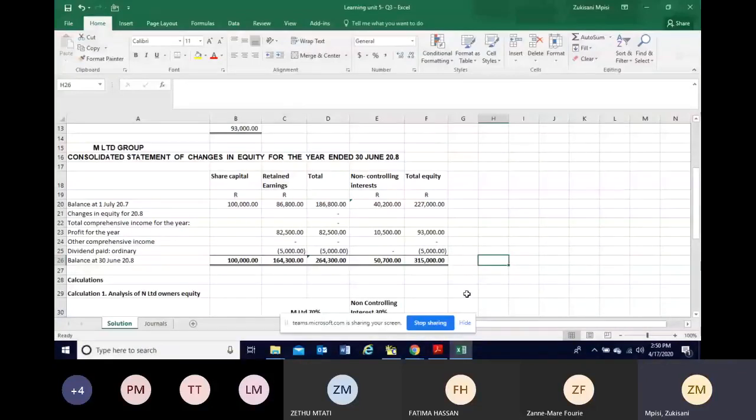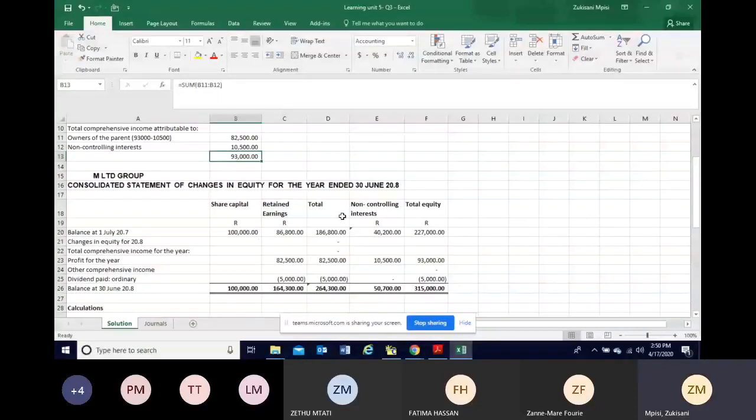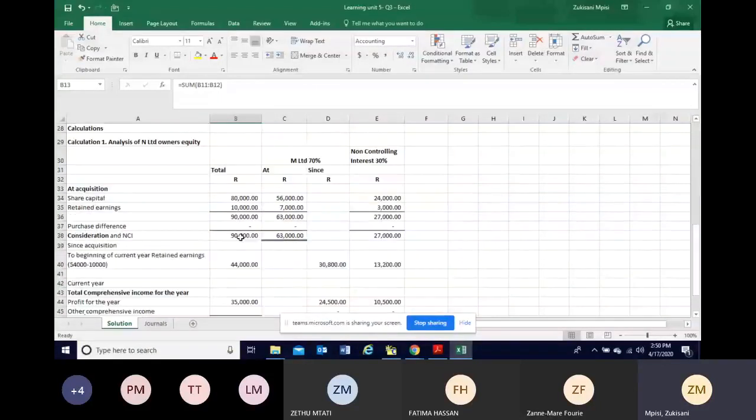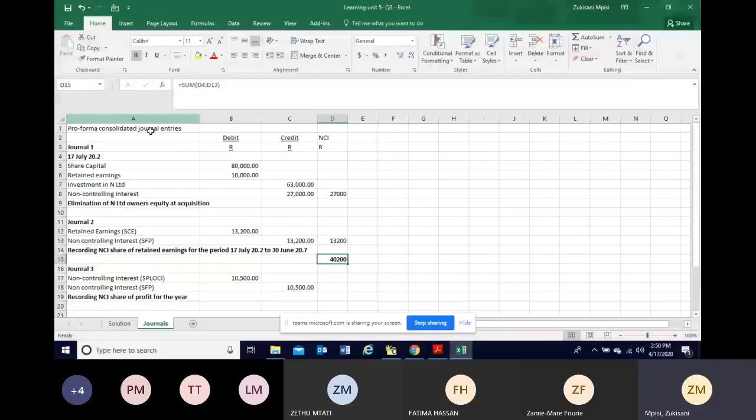So for us to start in the beginning, we've completed the statement of profit or loss and other comprehensive income. We've completed the statement of changes in equity. We've spoken about the analysis of equity, and we've also done the pro forma journal entries, which I've also shown you.